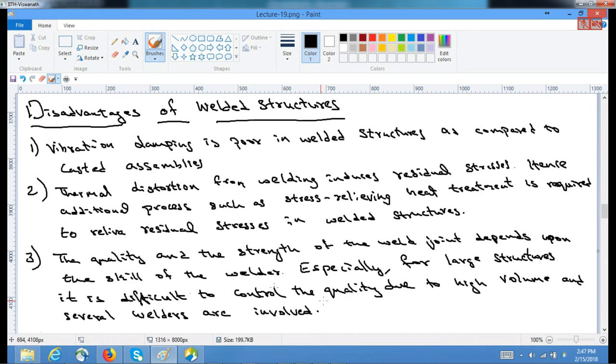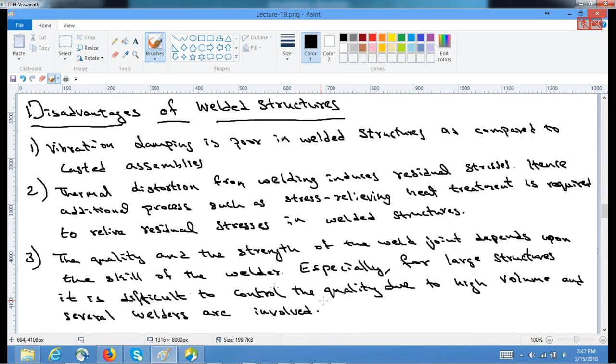Since this is a specialized thing, you need a trained kind of a person to weld the things. Further, if it is a large structure, since each welder would weld in a different manner, his quality would change from person to person.